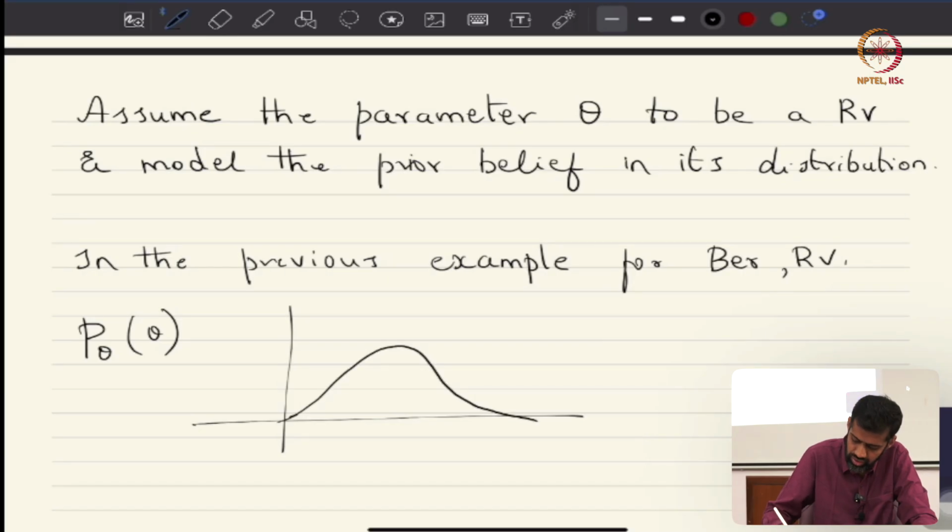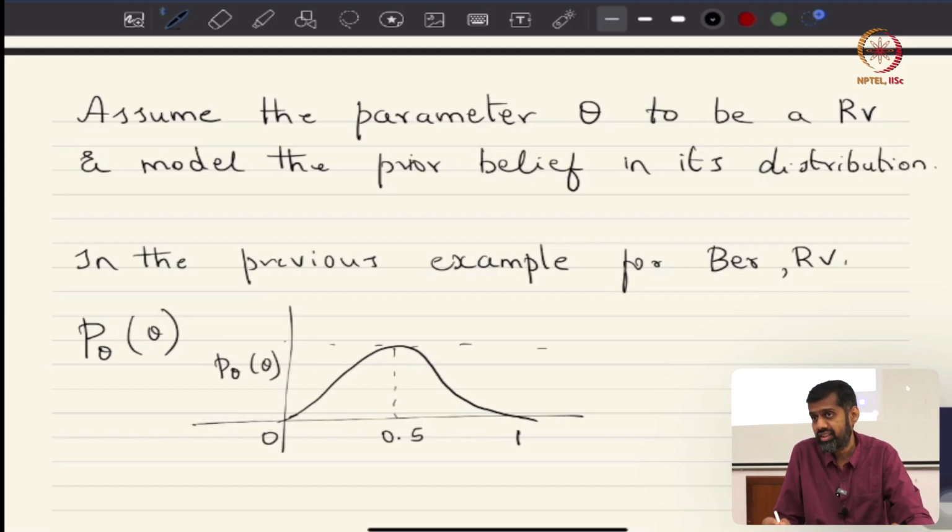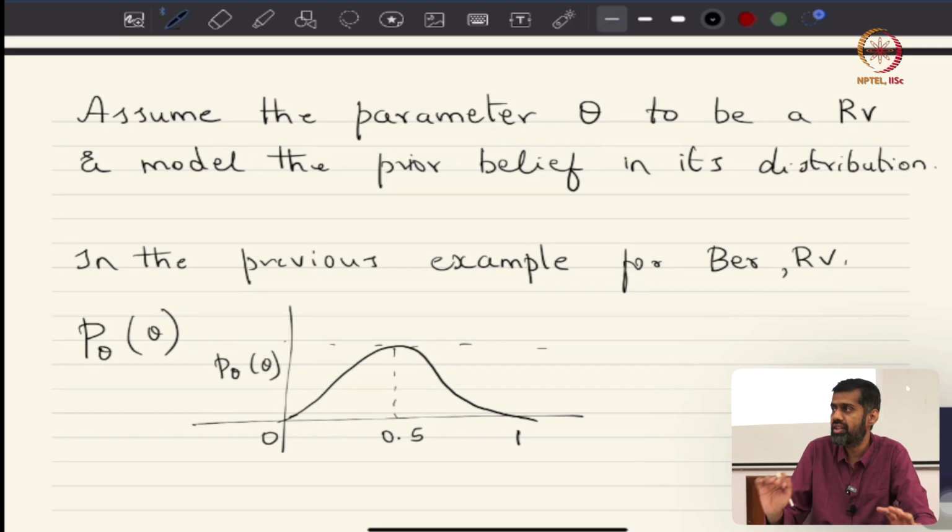I will write the equation later. So this is 0 and this is 1, and this is p_theta(theta). Let us say that this is around 0.5. Now this is a distribution that we assume on theta even before we look at data, right. Even before we look at our data, we assume that p_theta has this distribution.